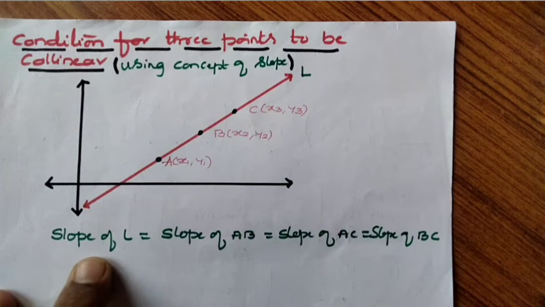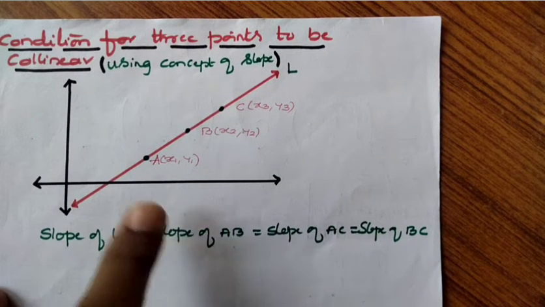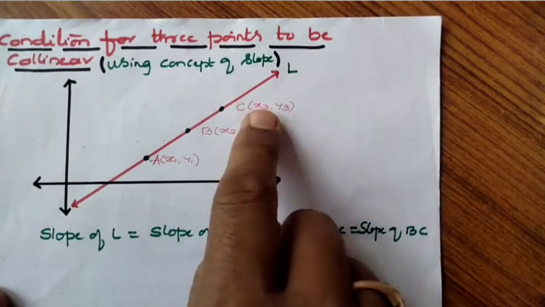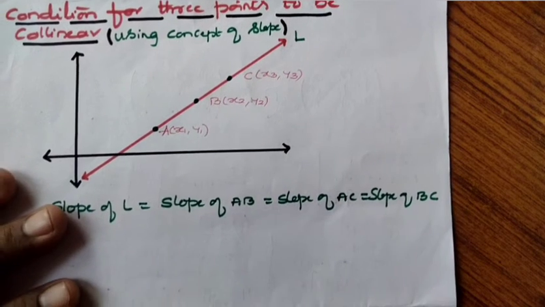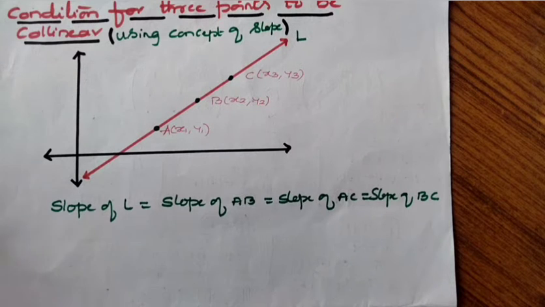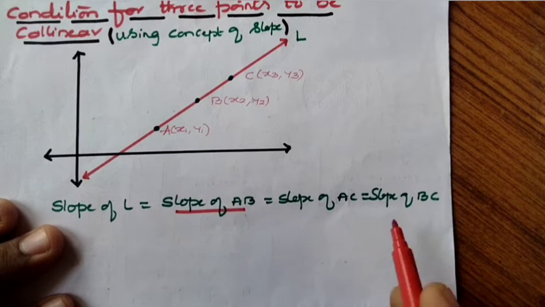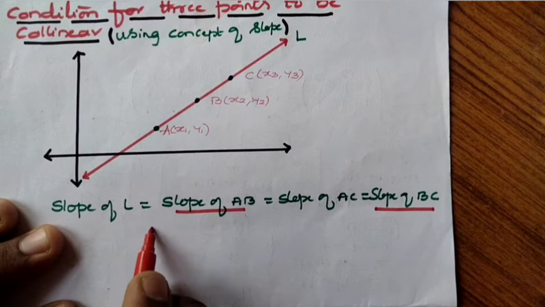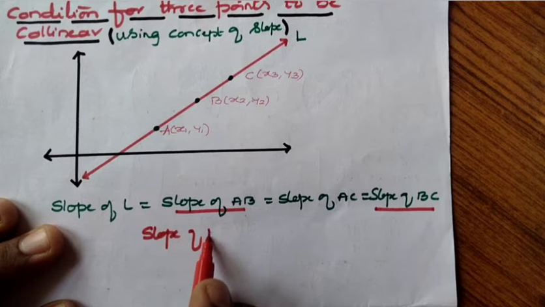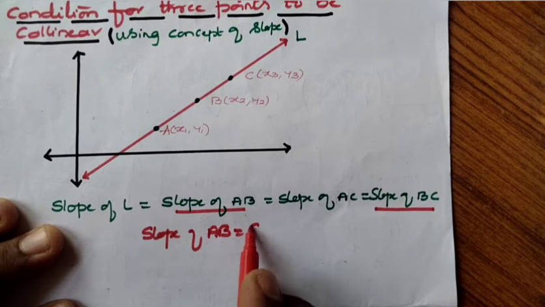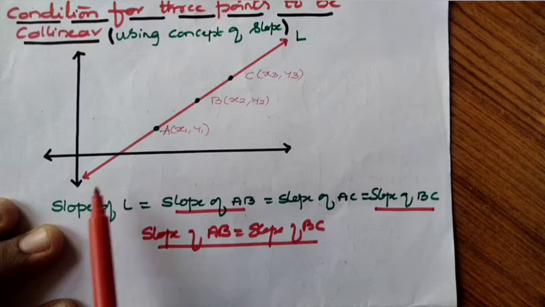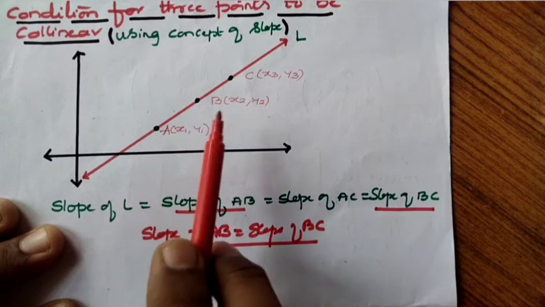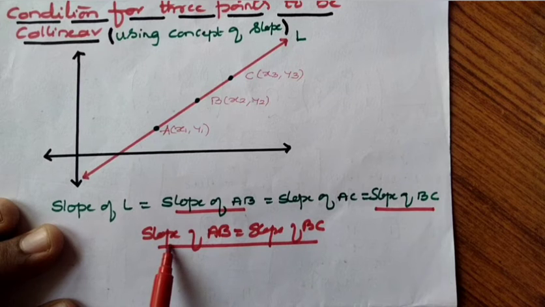So the slope of L is given by the slope of AB or the slope of AC or the slope of BC. Now I am going to take the slope of AB equals the slope of BC. Yes or no? Here A, B, C are points lying on the same line, and we observe the slope of AB is equal to the slope of BC.